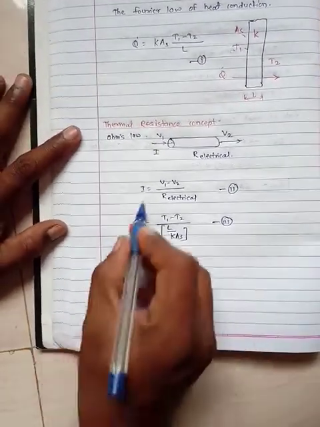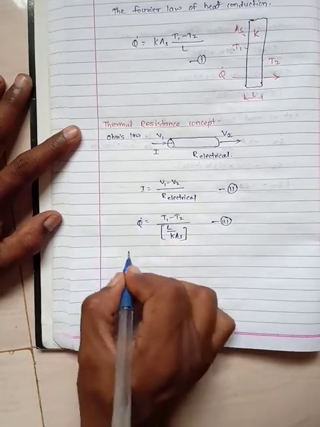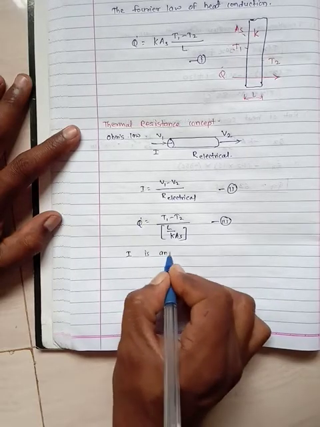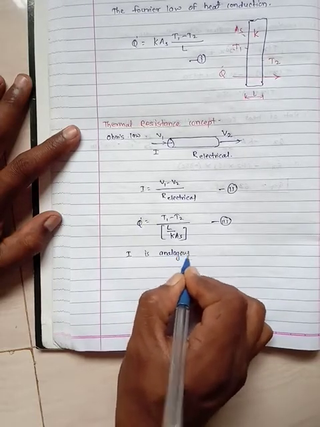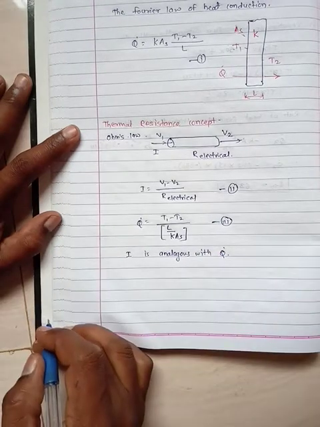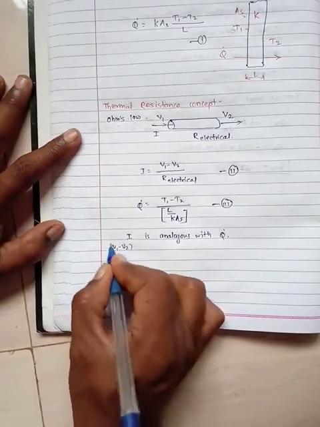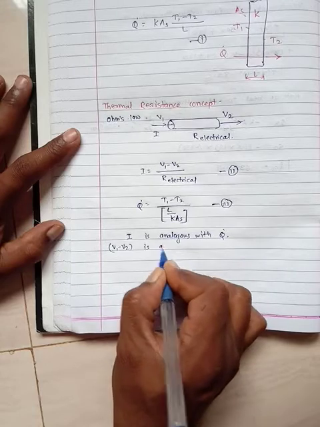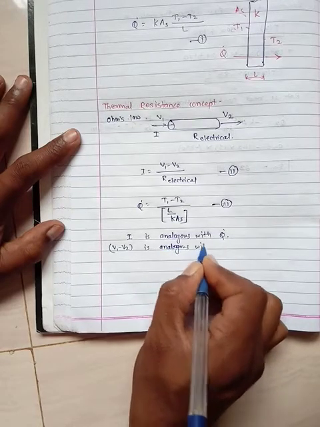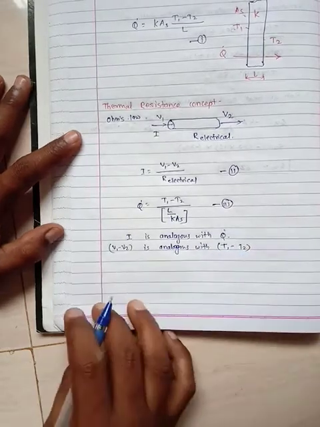Now we'll see these two equations. In that, the current I is analogous with the heat transfer, and the voltage difference V1 minus V2 is analogous with the temperature difference T1 minus T2.